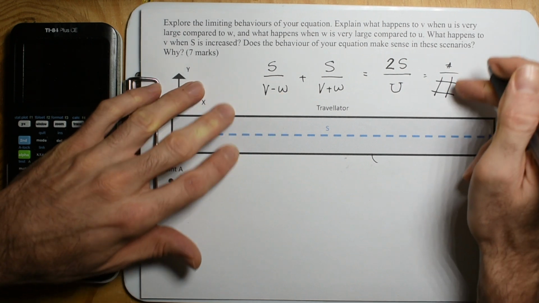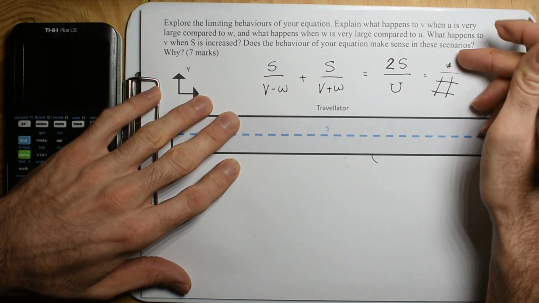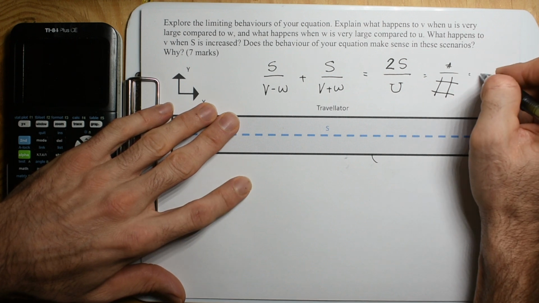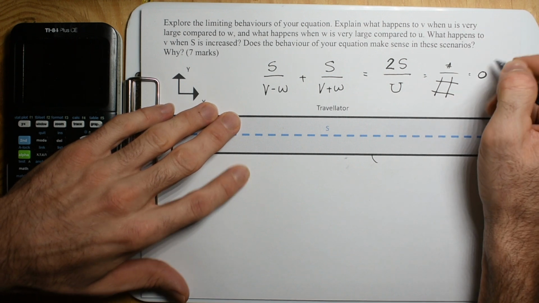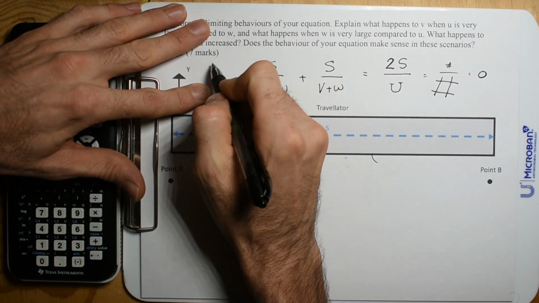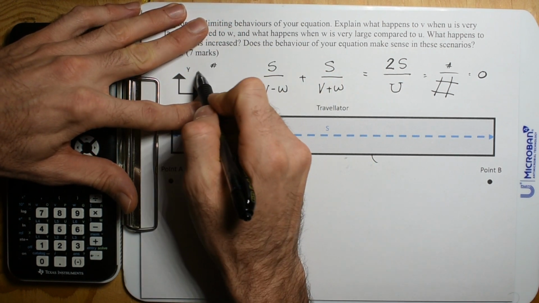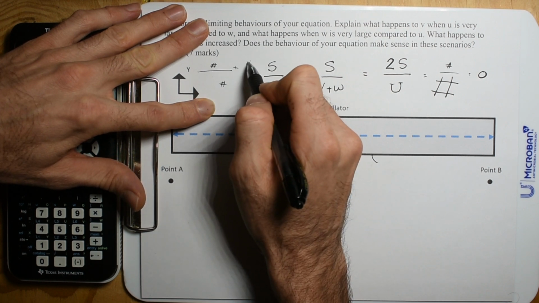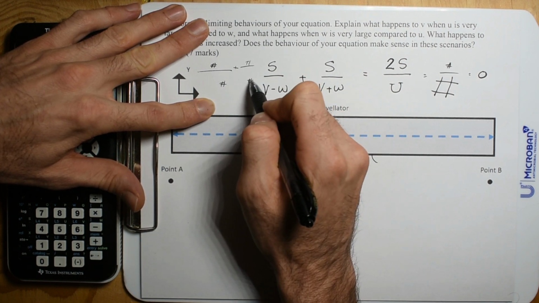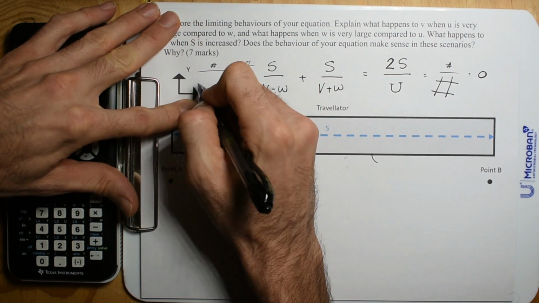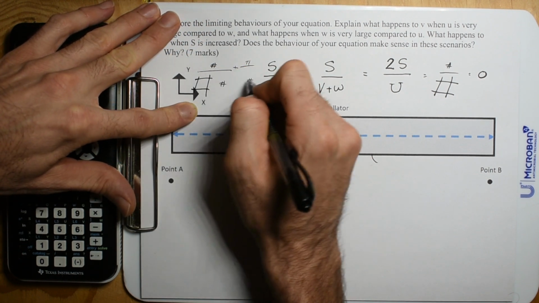So this is basically going to be 0. And so the only way to get this 0, because this distance doesn't change and this doesn't change, even though we're also adding it to this side of the equation, is that this v has to get huge. So there you go.